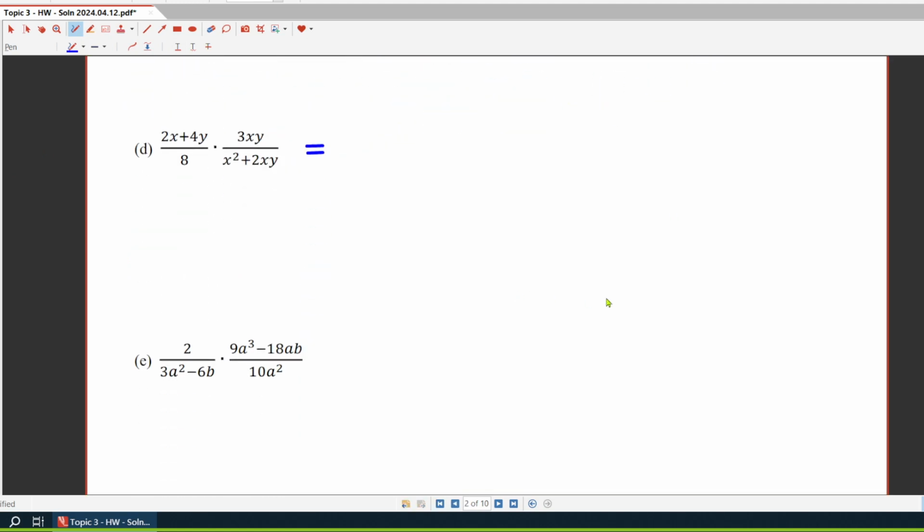Again, we can try to factorize each of the fractions. Okay, so this gives us 2 times x plus 2y, right? Then times, okay, we can write the 3xy here, and then 8 times, we can put x here.